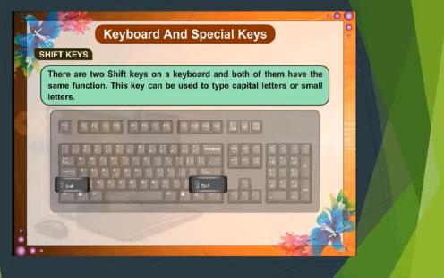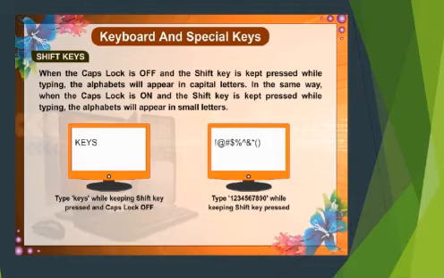Now shift key. There are two shift keys on the keyboard. Both of them have the same function. This key can be used to type capital letters or small letters. When the caps lock key is off and the shift key is kept pressed while typing, the alphabet will appear in capital.